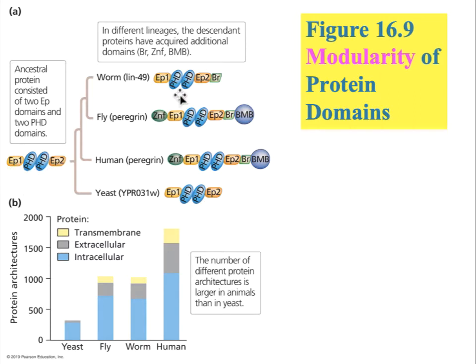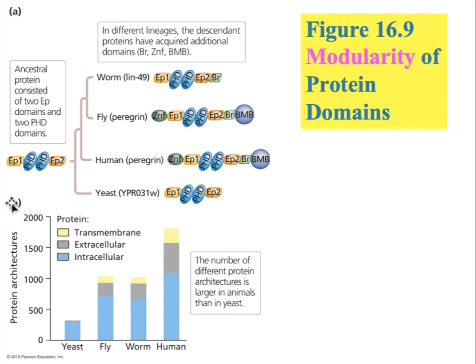Since then, the PhD domains have been kept together because they may form a particular module that's very important in binding to, say, DNA. The position of the EP domains has also been preserved, although you can see that they have been modified with additional domains that have been brought in by recombination.